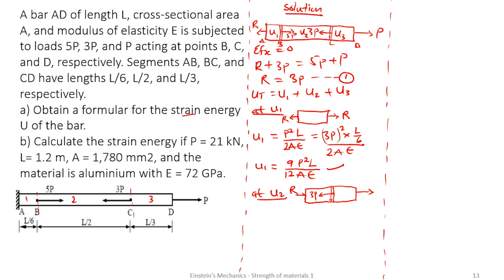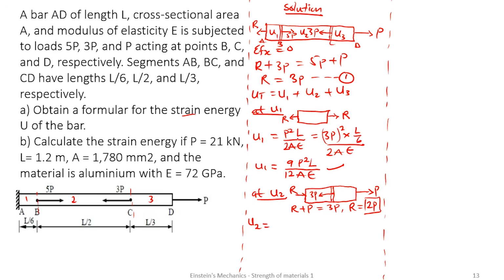So this is my 3P, and my reaction will move in the opposite direction to that R. So my total force inside the bar, how do we compute that? It's going to be R in the direction with P equal to 3P. So R now is equal to 2P, meaning the force induced in BC is 2P. And I know my formula.